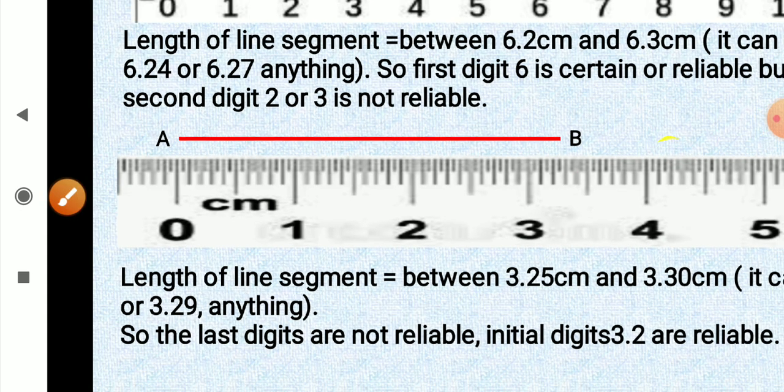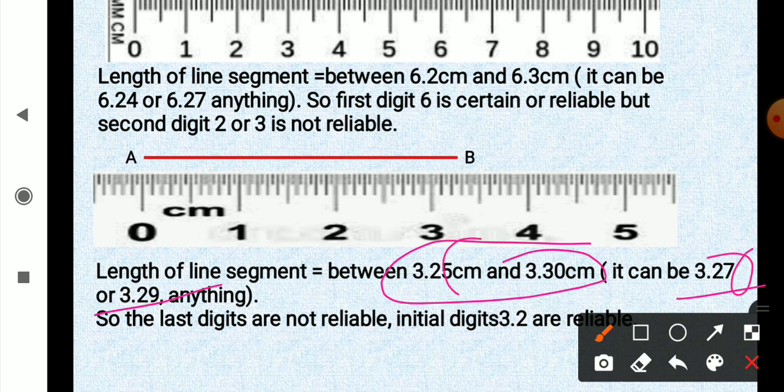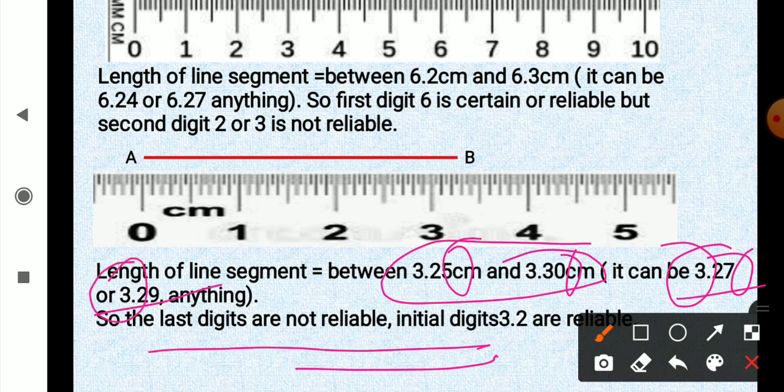From here it is clear that the length of the line is somewhere between these two numbers. So it can be say 3.27 or 3.29 or anything, right? So the last digit is always not reliable in a measurement, but the initial digits, like 3.2 here, are reliable.